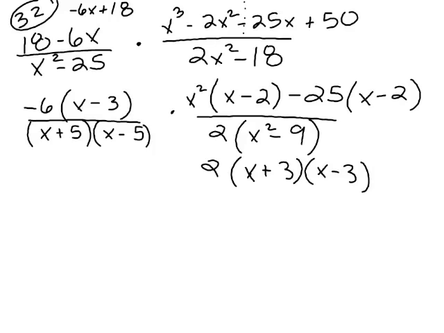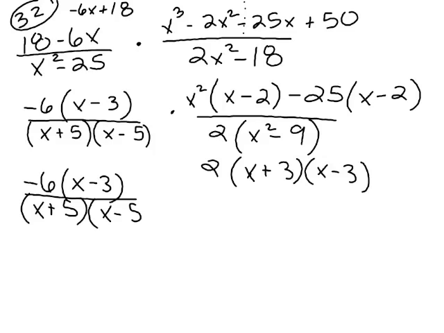We'll pull out a negative 25. Alright, so let's rewrite. Negative 6 times x minus 3 on top over x plus 5, x minus 5 multiplied by, on the bottom, I've got 2 times x plus 3, x minus 3.